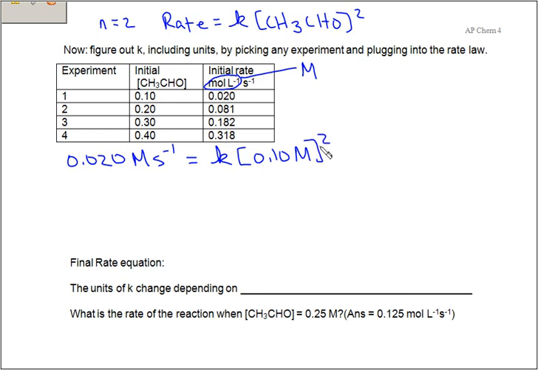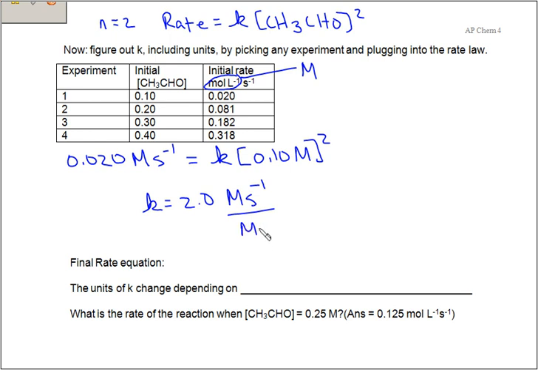squared. So when we solve for K, we're going to see that K equals 2.0, and it's going to be molarity squared negative 1. And then we're going to have to cancel these out too.